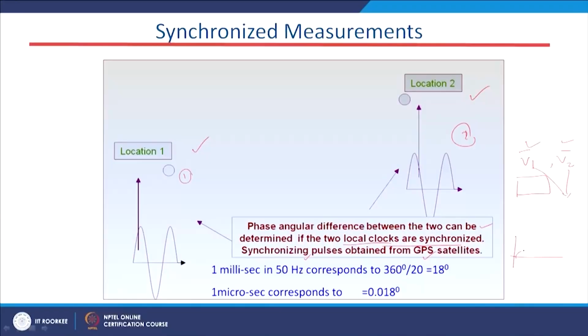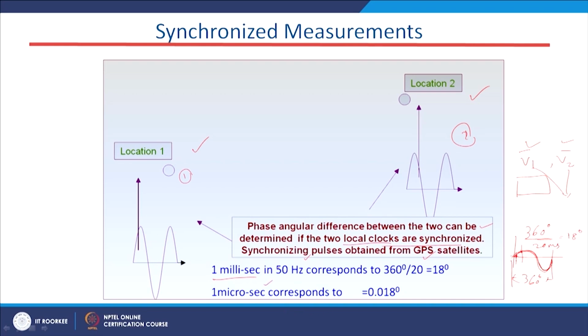At a common time frame. And if we synchronize the time stamp, if we have an angle of 360 degree here, and our sampling is on a 1 millisecond basis, what is the angle between two corresponding samples? It will be 360 degree divided by 20, because we have 20 milliseconds within one cycle of a 50 hertz signal. So within 1 millisecond, the angle difference between two corresponding samples is going to be 18 degree.